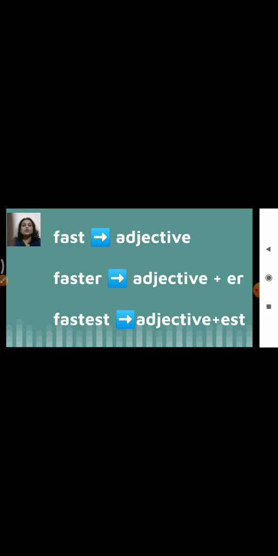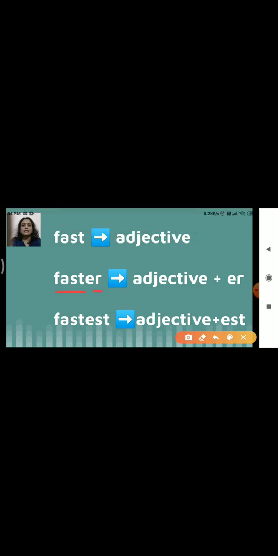So we had these two parts, right? Fast, and er was added. So fast is the adjective, and then er was added, and we got the word faster, isn't it? Next, we got the word fastest. How did we get it?